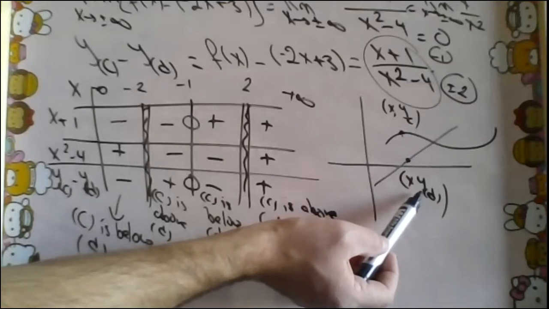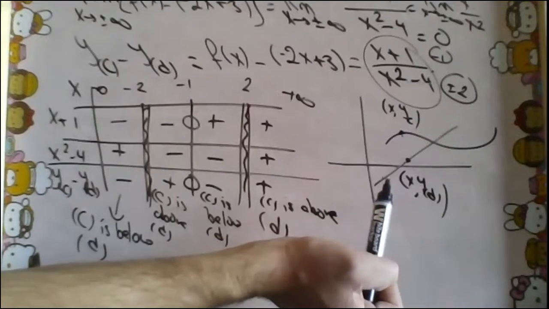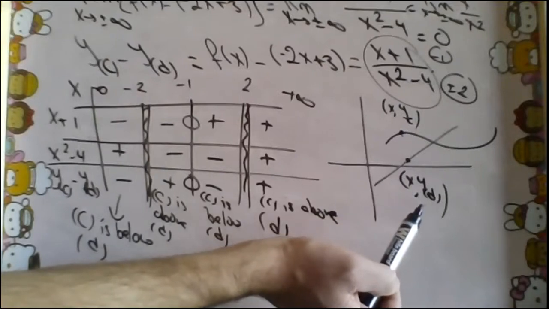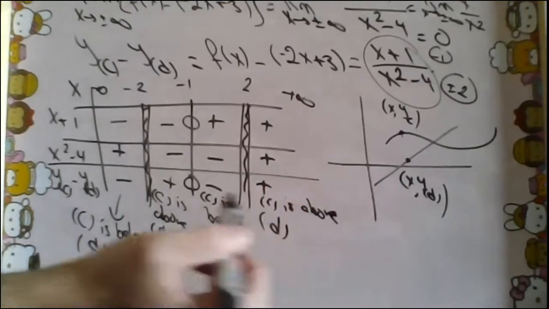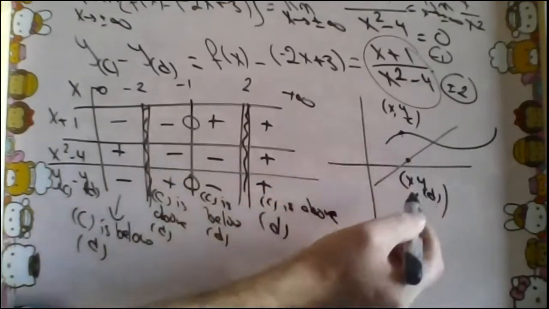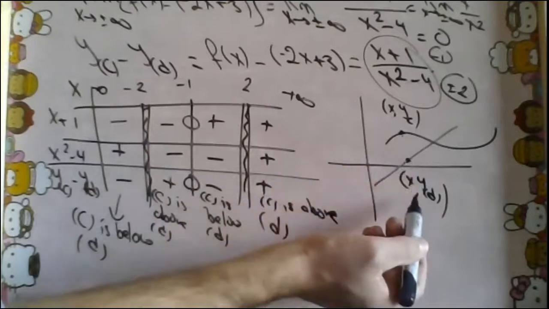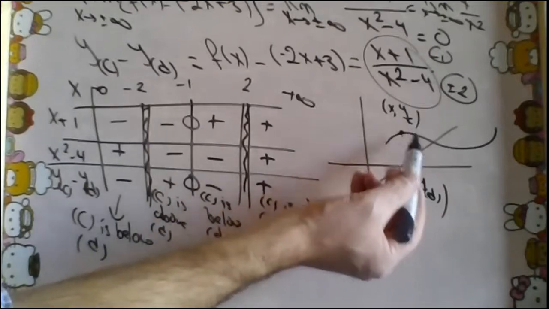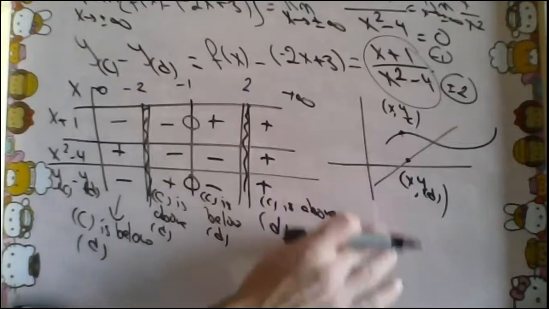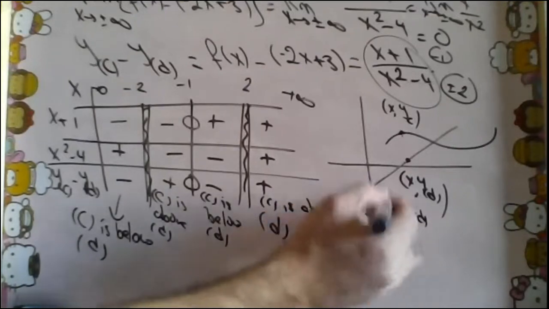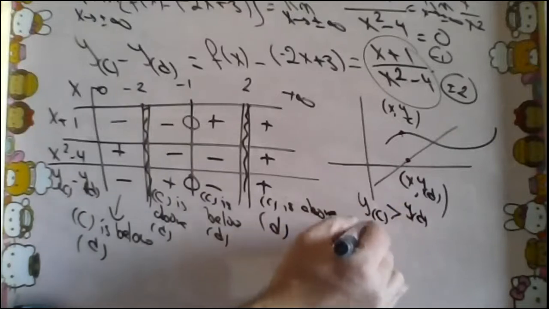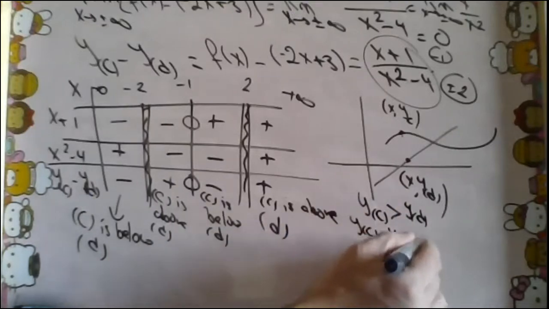It means that y of c minus yd is greater than 0.